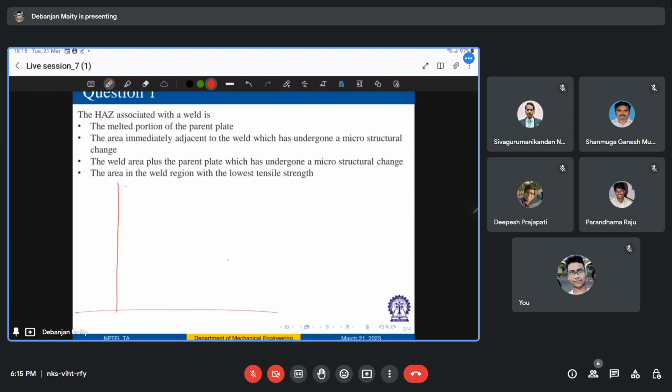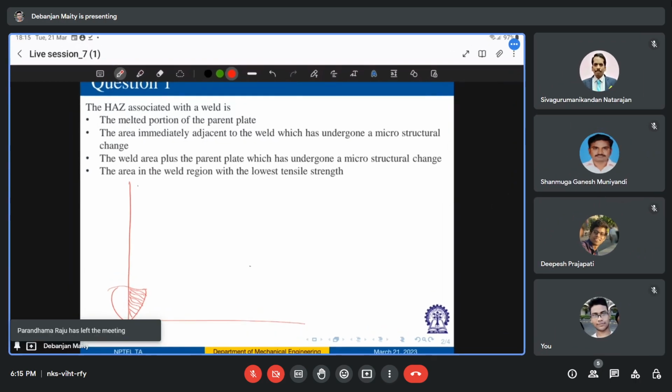Let's say this is my weld bed, and here you will have some columnar kind of dendritic structure.